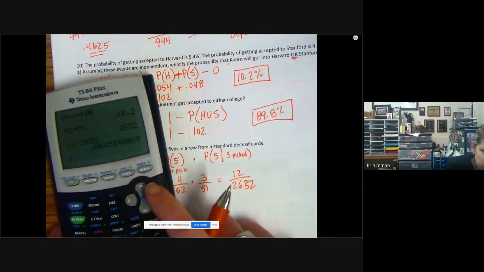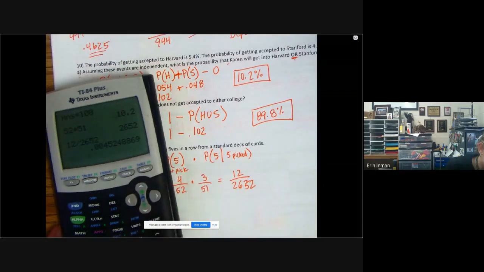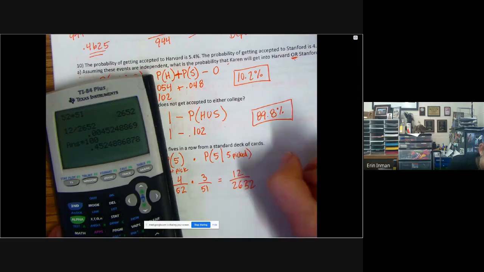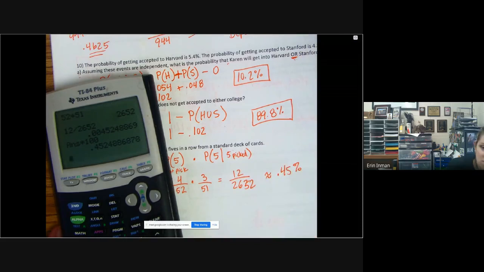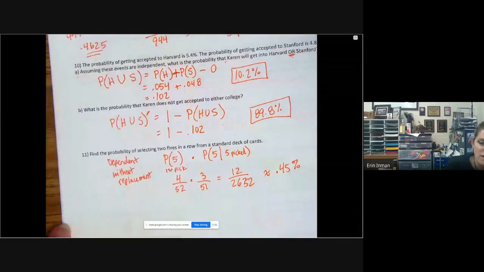So 0.0045, if I multiply that times 100, I basically have a 0.45% chance of picking that. Those odds are not great, picking 2 5s in a row.